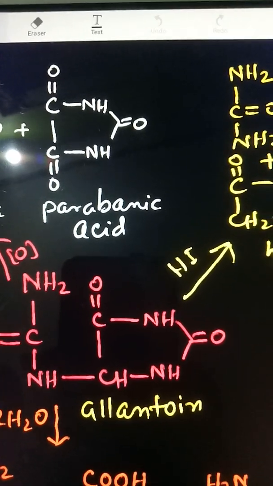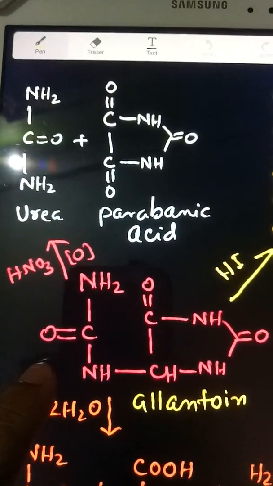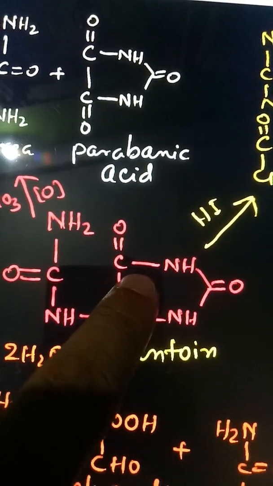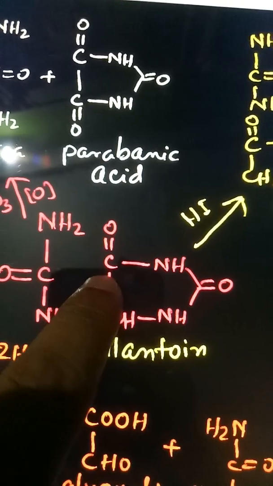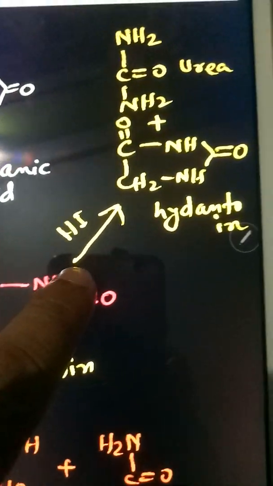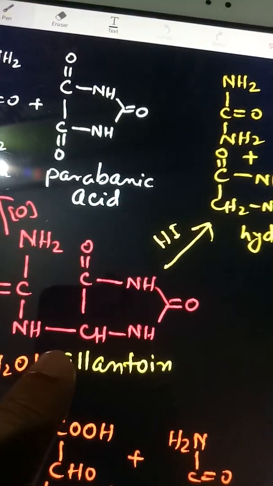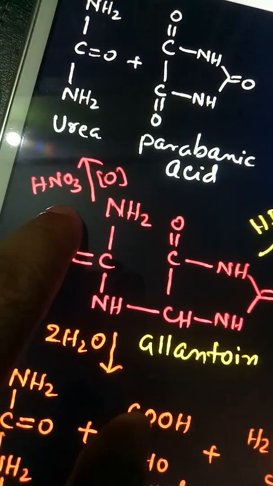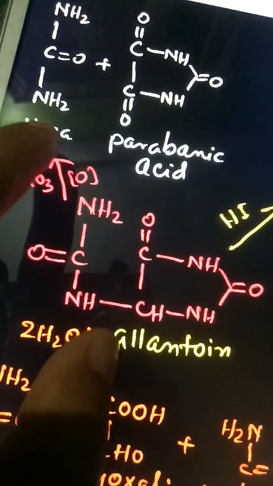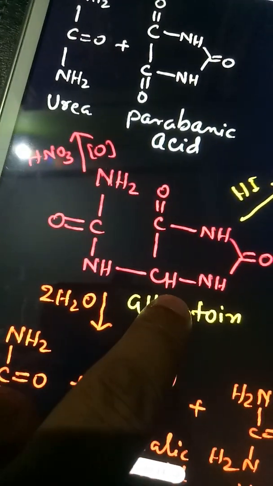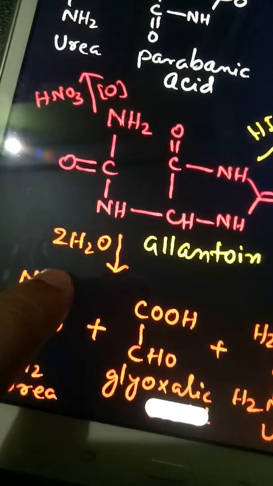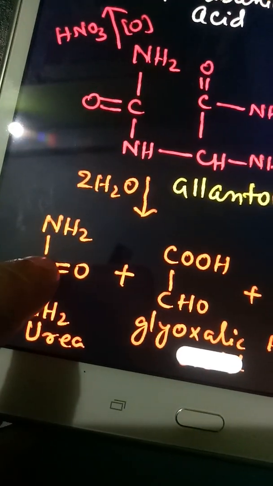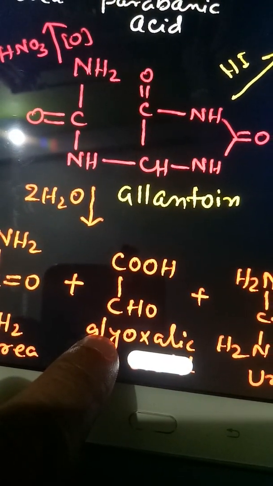So from above reactions, if you consider this is the structure of allantoin, HI gave hydantoin and urea. Allantoin undergoes oxidation, gave urea and parabanic acid, both structures known. Allantoin undergoes hydrolysis and it gives 2 molecules of urea and 1 molecule of glyoxylic acid.